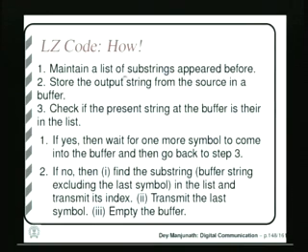So, we maintain a list of substrings that appeared before. Store the output string from the source in a buffer. When we enter a substring in the list, we will encode that and discard it from the buffer.